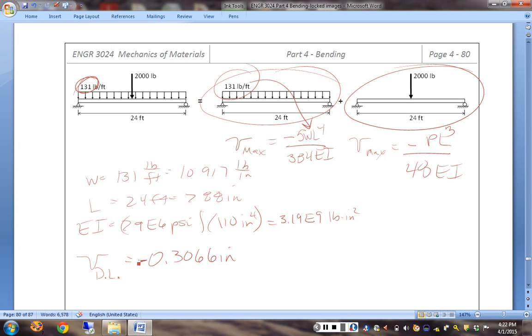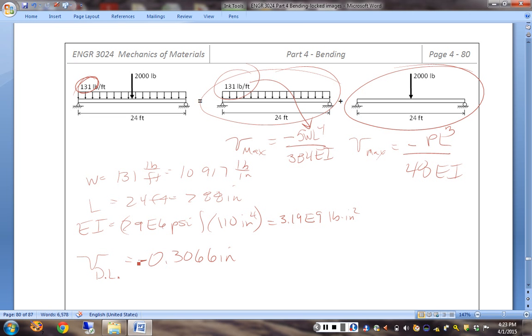It's just that product, the modulus times the moment of inertia, that we refer to as bending stiffness. Is that tabulated? No, because E is tabulated for the material, and I is tabulated for the cross section, so they don't tend to be tabulated together.